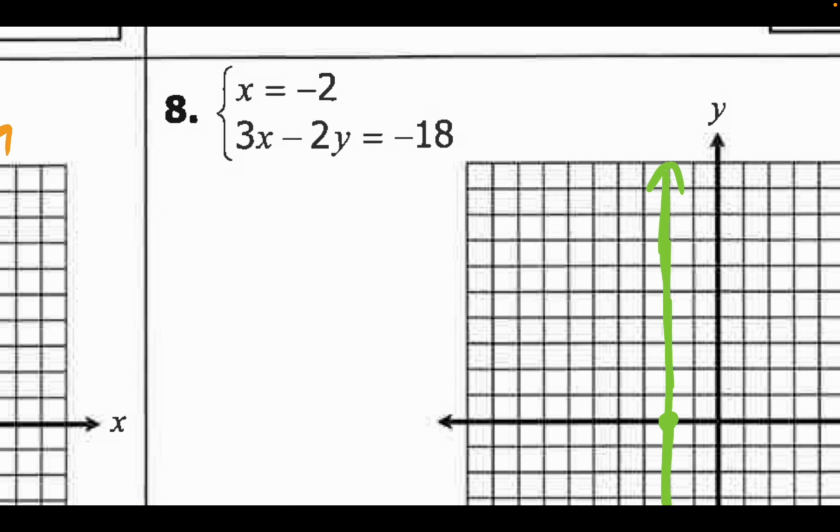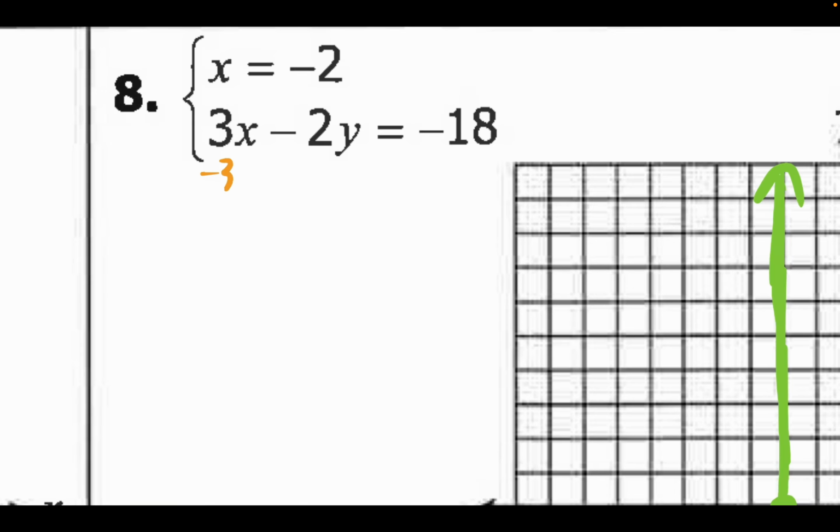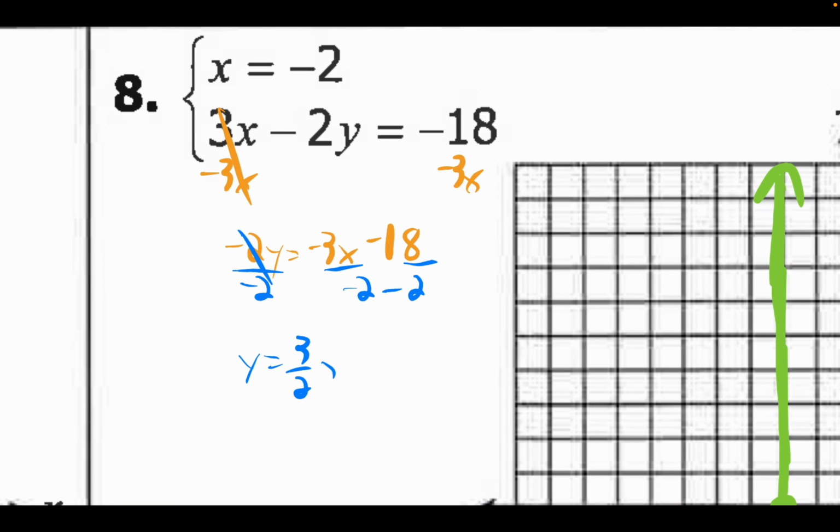Now we have to solve our other equation. So I will do that by starting to subtract 3x because the 3x is positive, and I get negative 2y equals negative 3x minus 18. I will then divide everything by negative 2 to get y by itself and undo multiplication, and get y equals positive 3 over 2x plus 9.